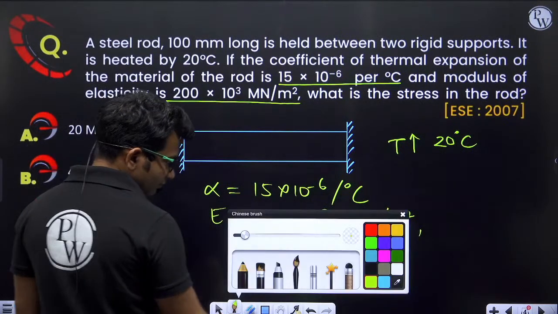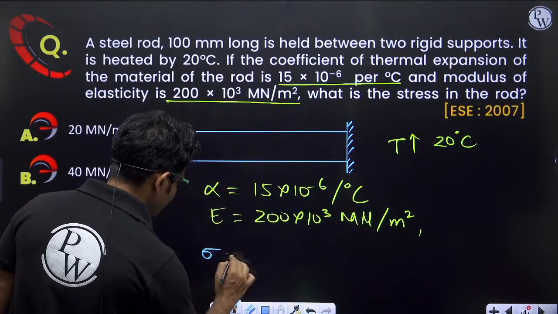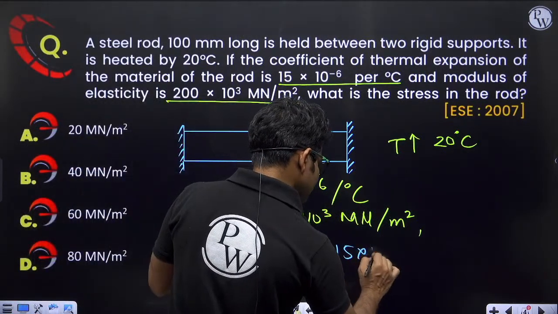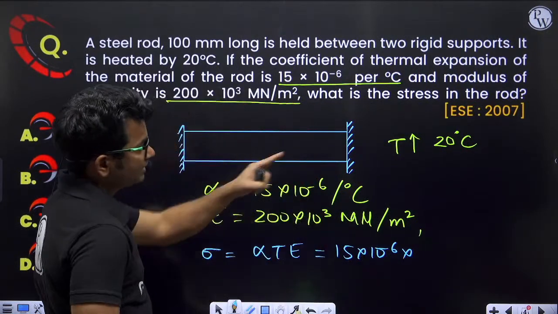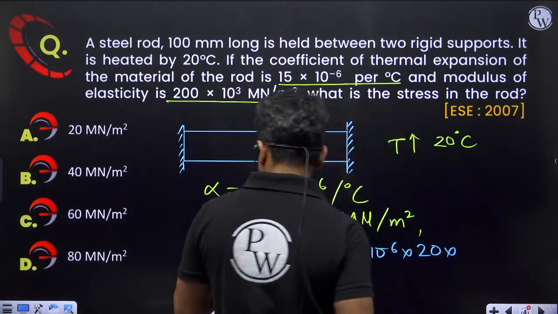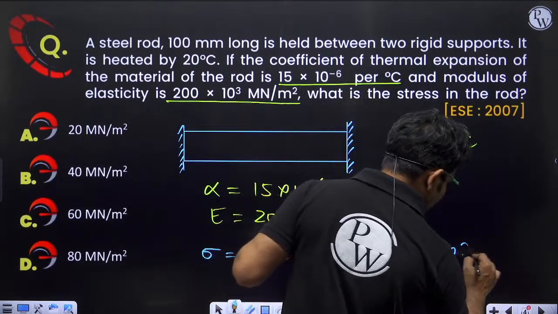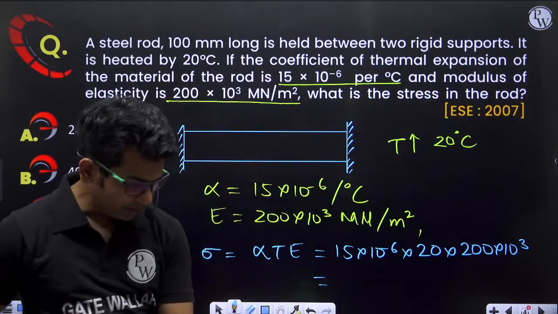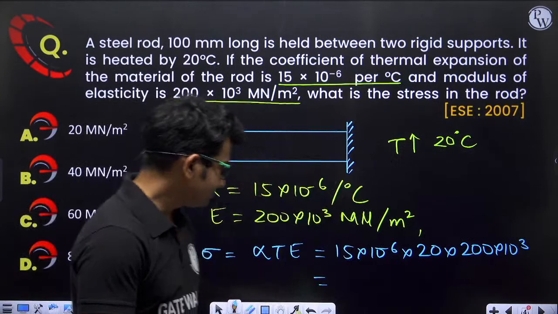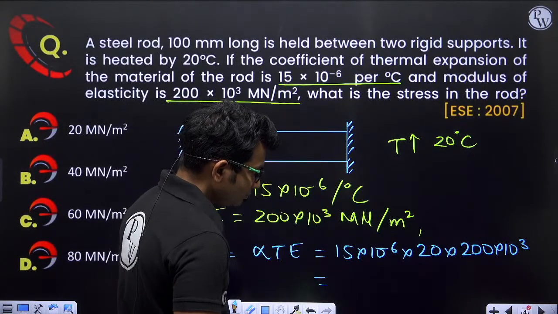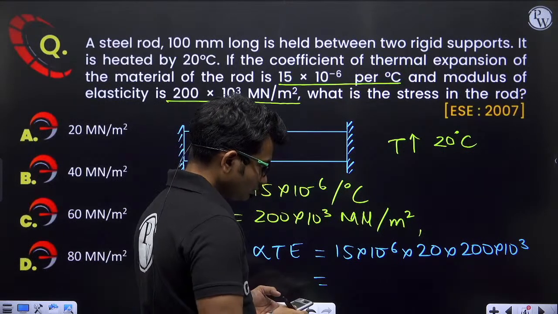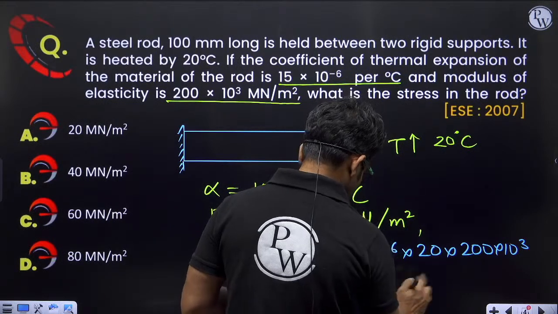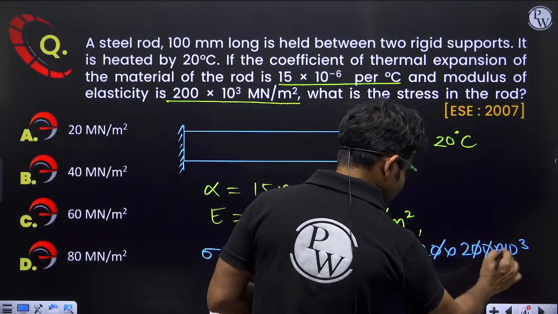You know the formula of stress: stress will be equal to alpha T E. Alpha is 15 into 10 to the power minus 6, temperature rise is 20 degrees Celsius, and Young's modulus E is 200 into 10 to the power 3. So 15 into 20 into 200 into 10 to the power 3. With the zeros, 10 to the power minus 6 and all these zeros will cancel out.